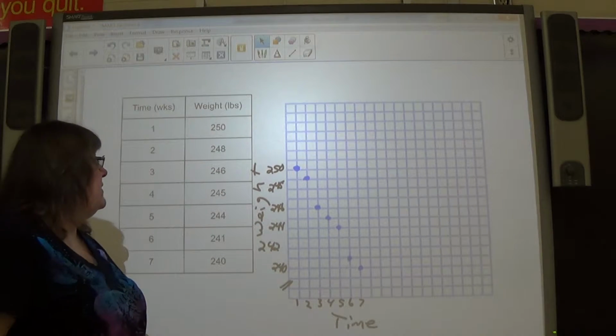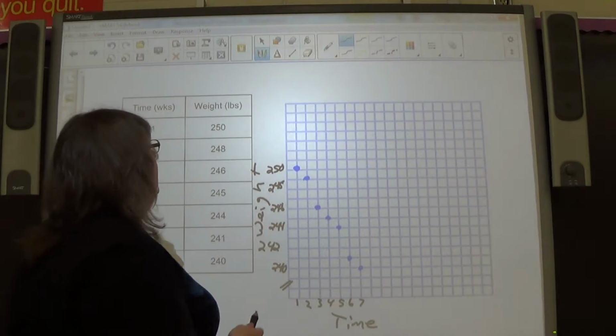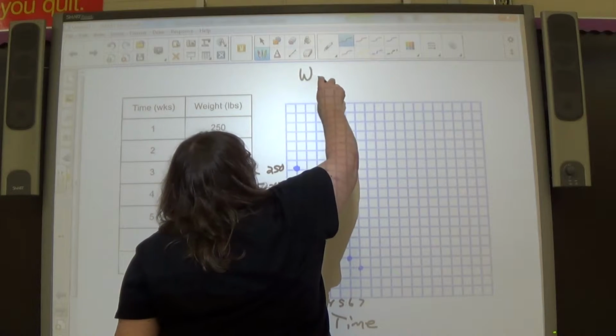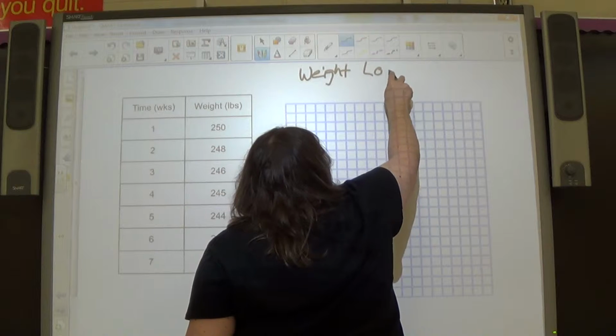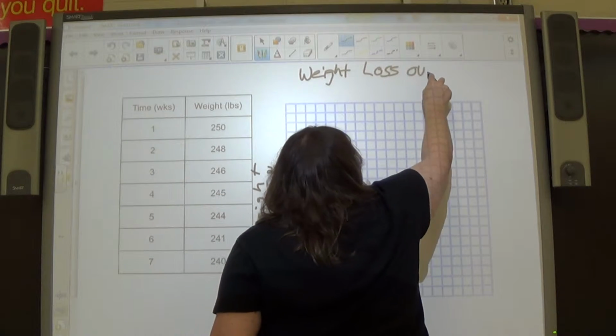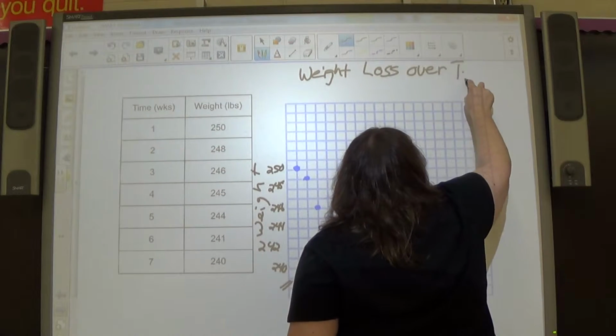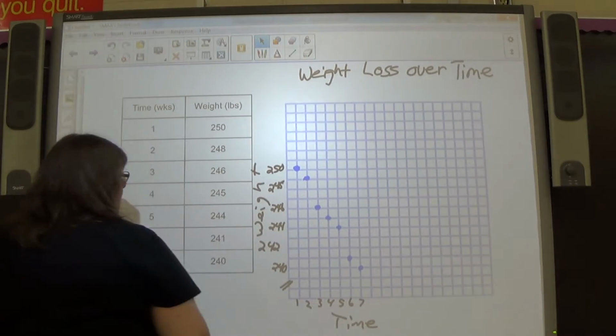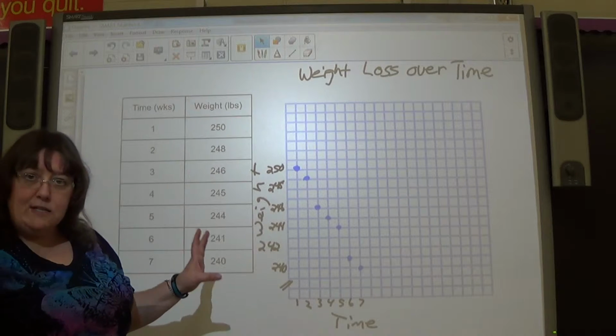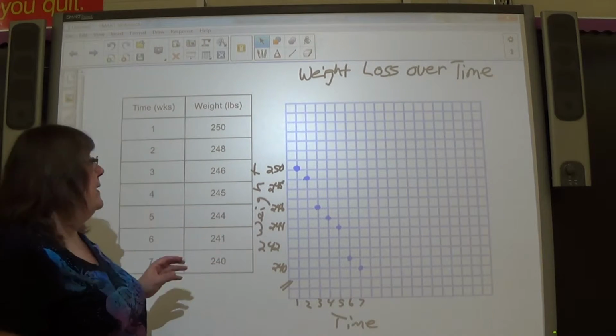Now, the title of this graph would be what? Well, how about weight loss over time? Okay, so there's my full scatter plot. You're going to have to start doing these a lot better now, okay?